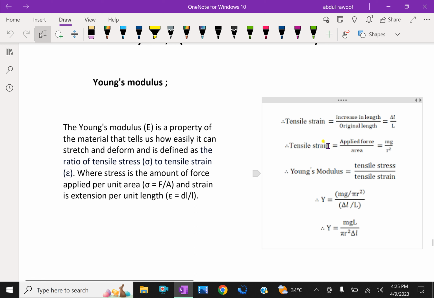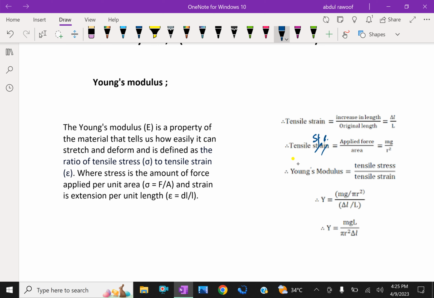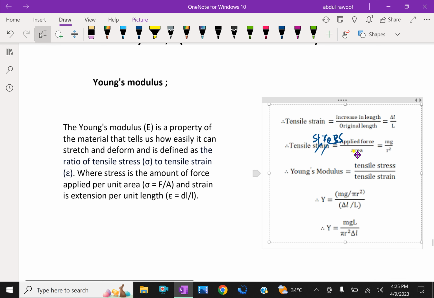Tensile stress is applied force divided by area, that is force is mg over pi r squared here.